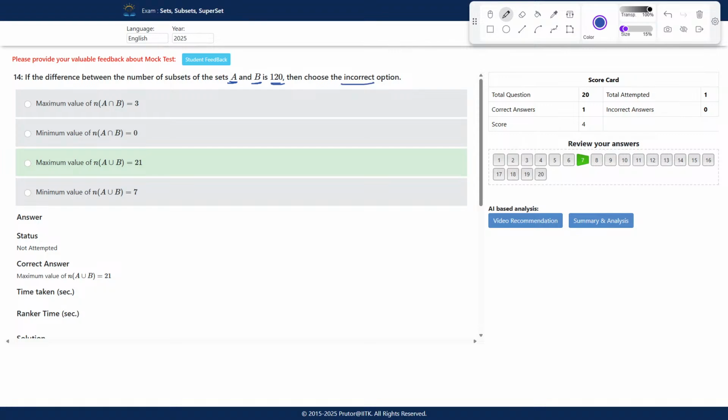Very straightforward. We have seen a problem related to such questions, if you recall. First let me give you an approach. Assume the total number of subsets of A as 2 raised to power something, and for B 2 raised to power another something. Please do answer. I have given you a hint.